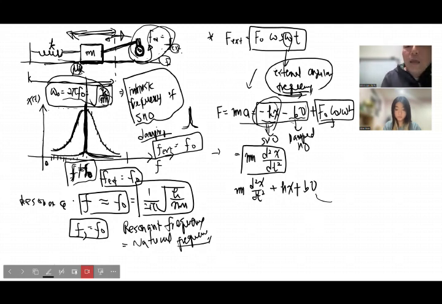You also have to convert the velocity v of the mass m into dx over dt. So let me rewrite it. Then that should be m d2x/dt2 plus b times dx over dt plus kx equals F naught, the external force, cosine omega t.